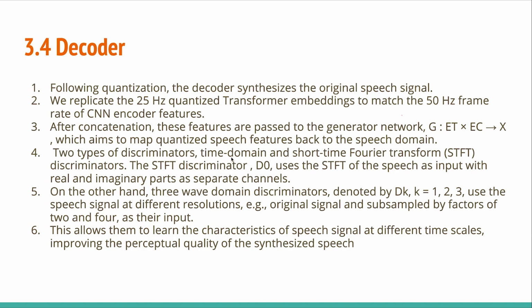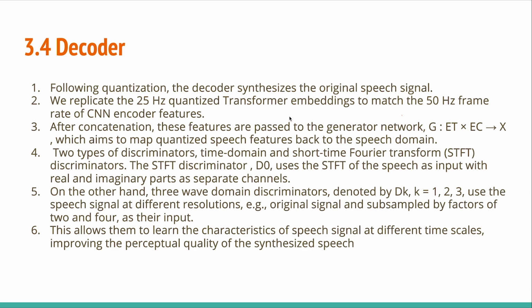And there are three time domain discriminators. So D_k, where k could be 1 to 3, right? Each one operates at its own signal resolution. They say they operate at subsampled factors of 2, 4, and one is the original signal, right?